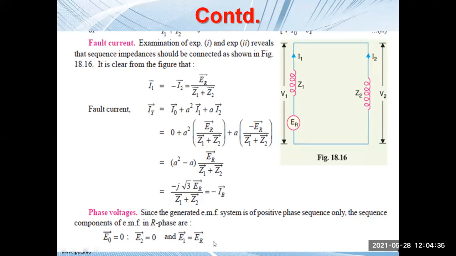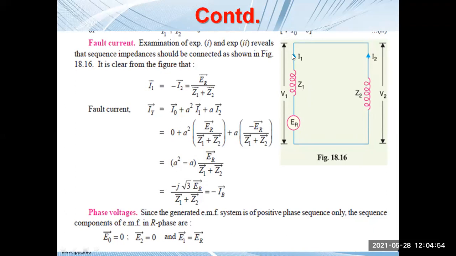So you just try to understand that we are considering only positive sequence. Among all the phase sequences, you have to understand only positive sequence EMF will exist. There is no negative sequence EMF and there is no zero sequence EMF. These things should be clear.